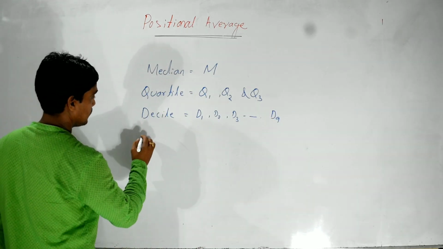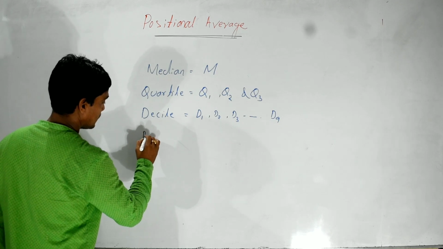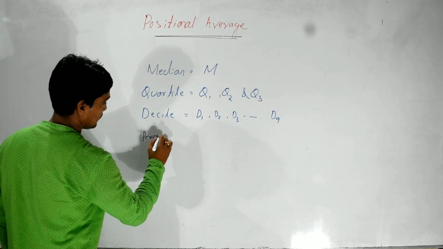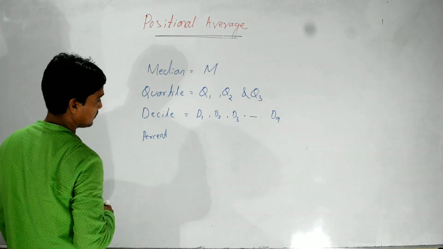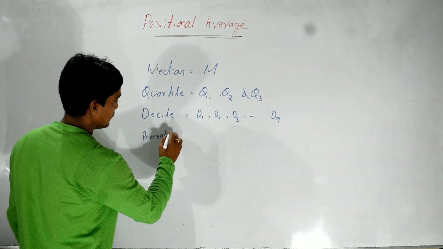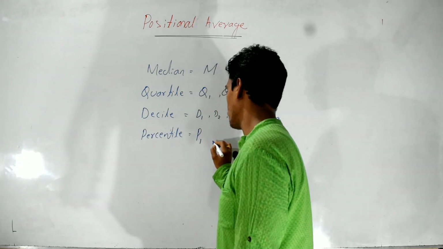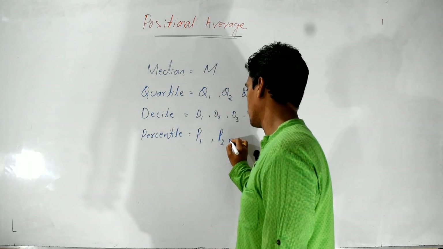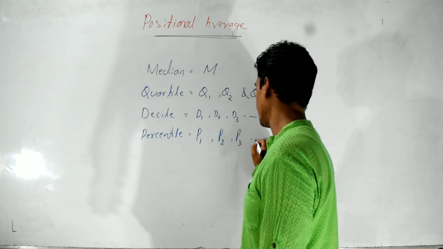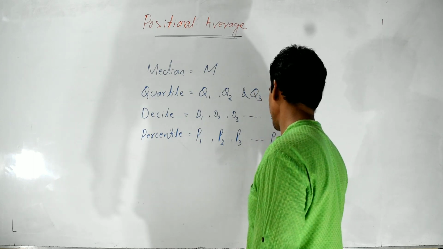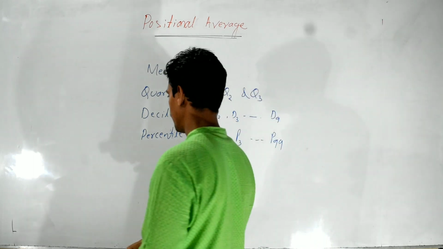Similarly, percentile divides the series into 100 equal parts, that is P1, P2, P3 up to P99.